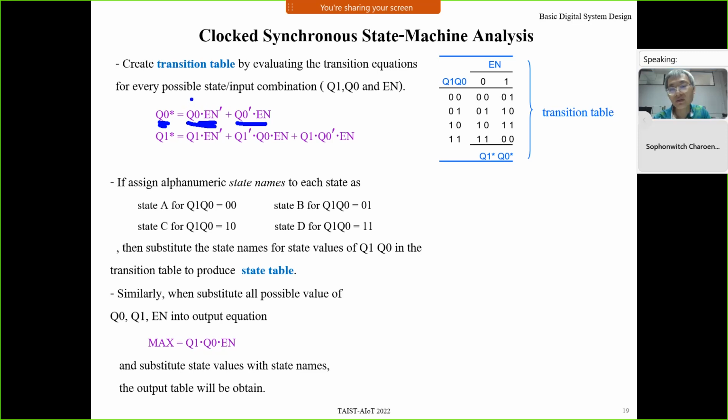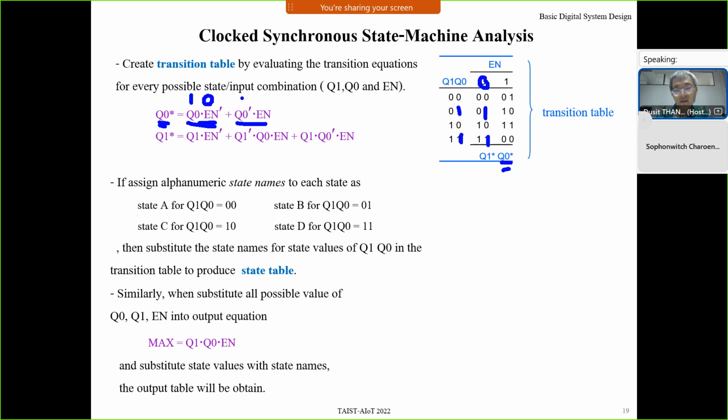This term will be 1 when Q0 is 1 and input En is 0, right? So you find out when Q0 is 1 here, and En is 0. That means the value of Q0 star, this digit, is 1, 1 here.